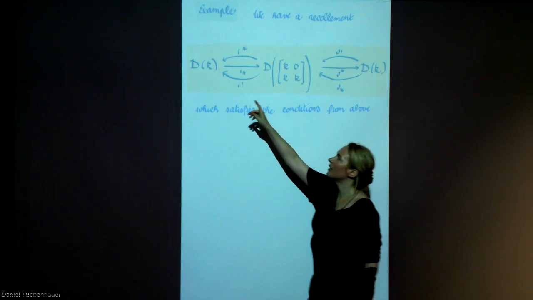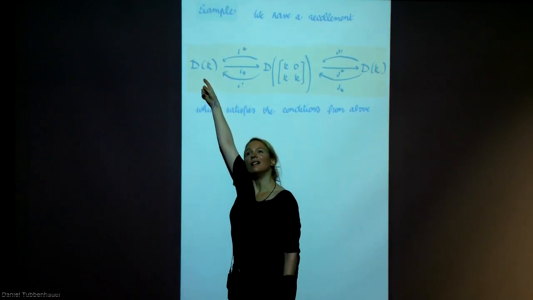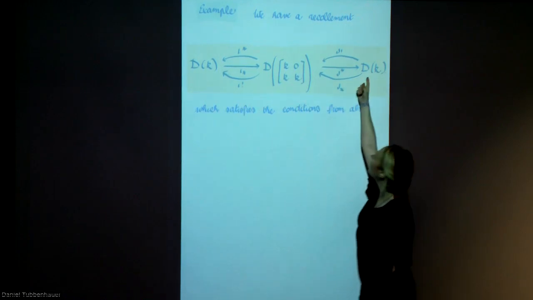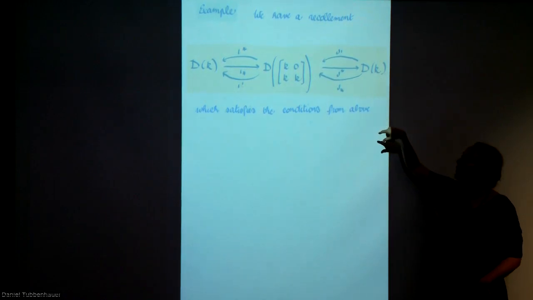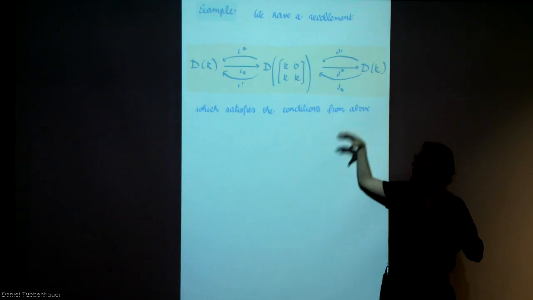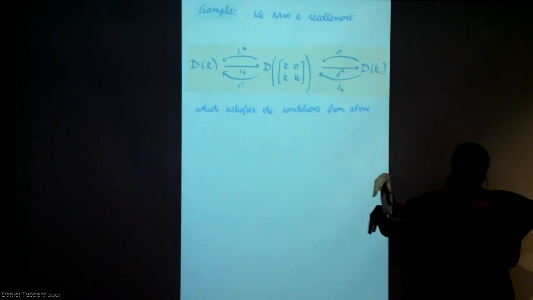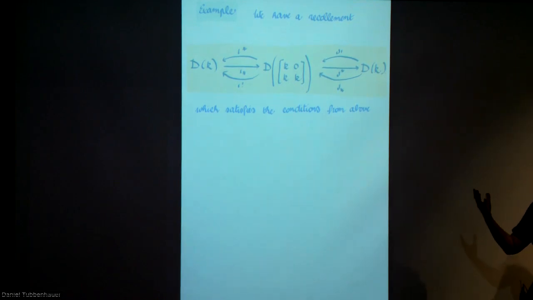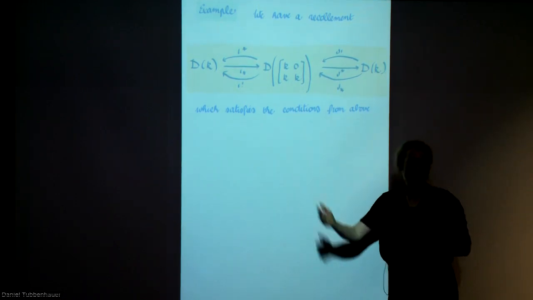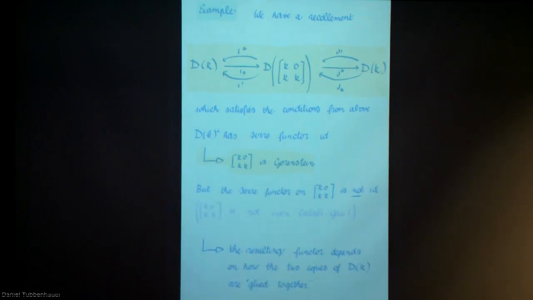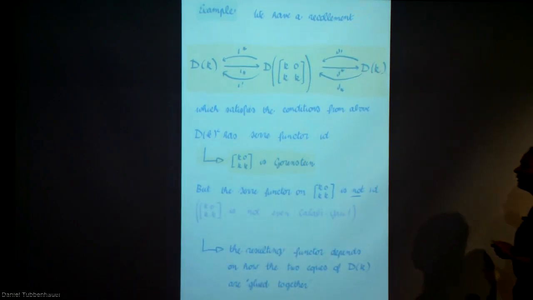Now what is a Serre functor here? Does anyone know? That's the identity functor, and here as well. So does that mean that if I take two copies of the identity and I glue them together, I should get the identity? No. Good, yeah. So we know that it's Gorenstein, but the Serre functor will not be the identity.